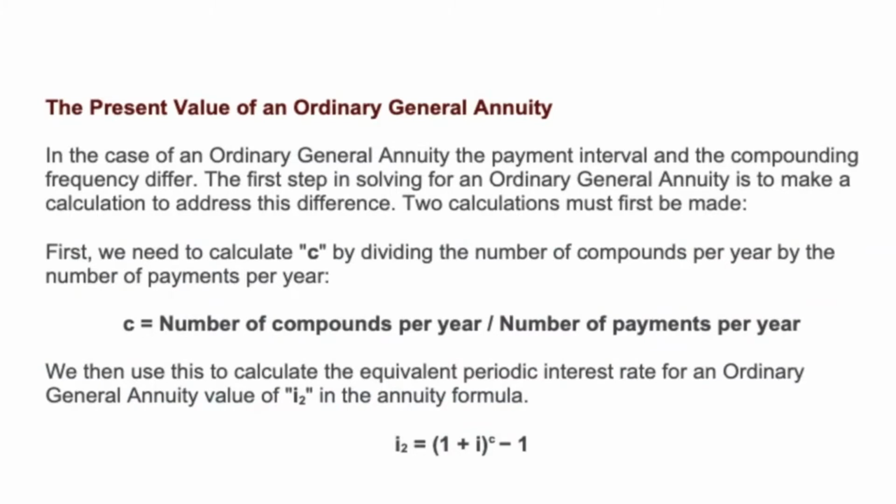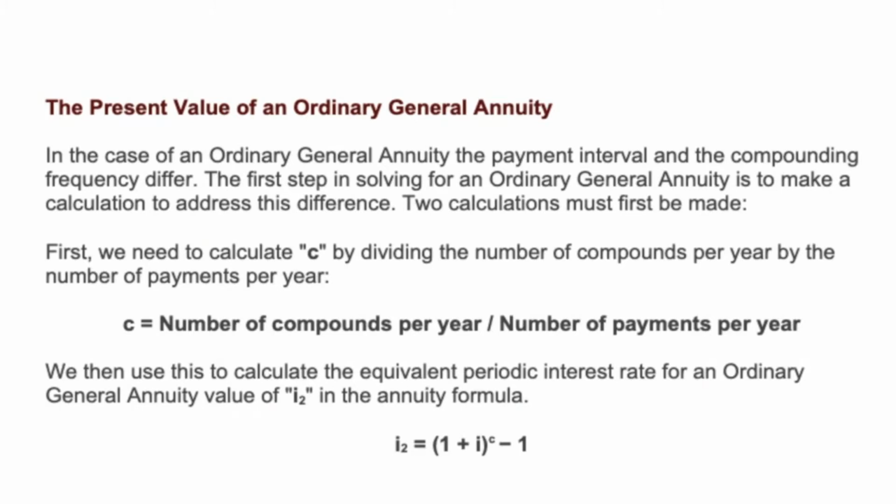A lot of times these are present value calculations. What we need to be able to do is use the same basic formula that we've used for simple annuities. However, there is one more formula that's brought in that affects the value of I, the periodic interest rate.